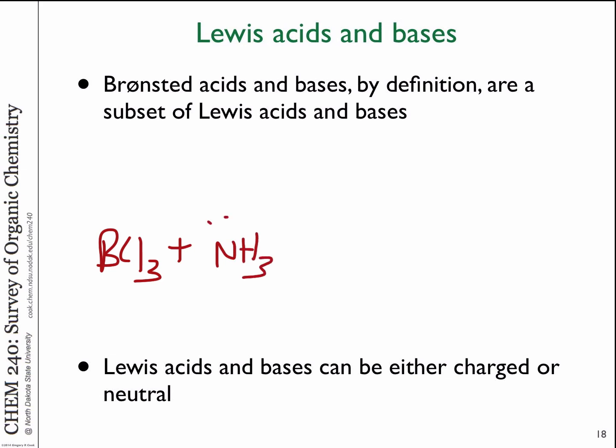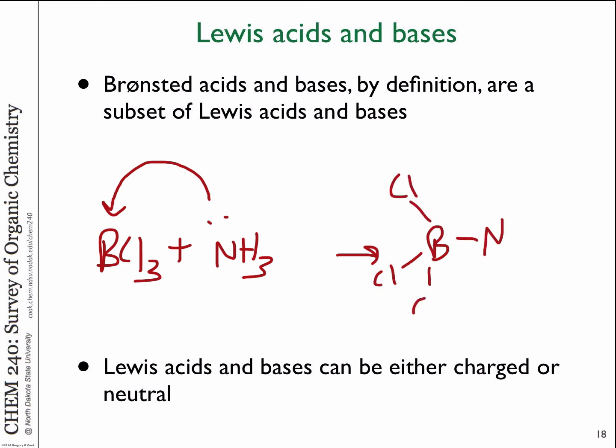This is an example of a Lewis acid, Lewis base reaction, where we form a bond between boron and nitrogen. The empty orbital and the lone pair come together and covalently share the electrons.